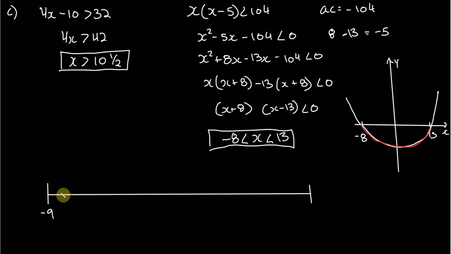So let's just start at negative 9. It's negative 8, negative 7, negative 6, negative 5, negative 4, negative 3, negative 2, negative 1, that's 0, it's about halfway. We've got 1, 2, 3, 4, 5, 6, 7, 8. I'm going to need to extend this one, aren't I? So we'll do that.